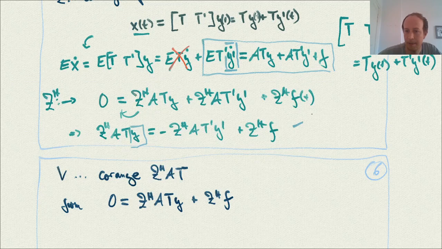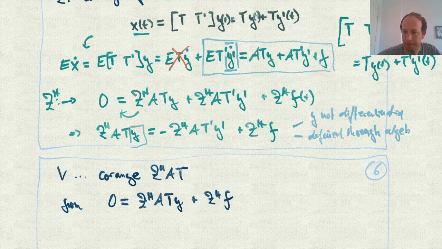So y is not differentiated and is defined through an algebraic equation. That's why it makes so much sense to call this the algebraic part. What defines the algebraic part is that Z^H A T.